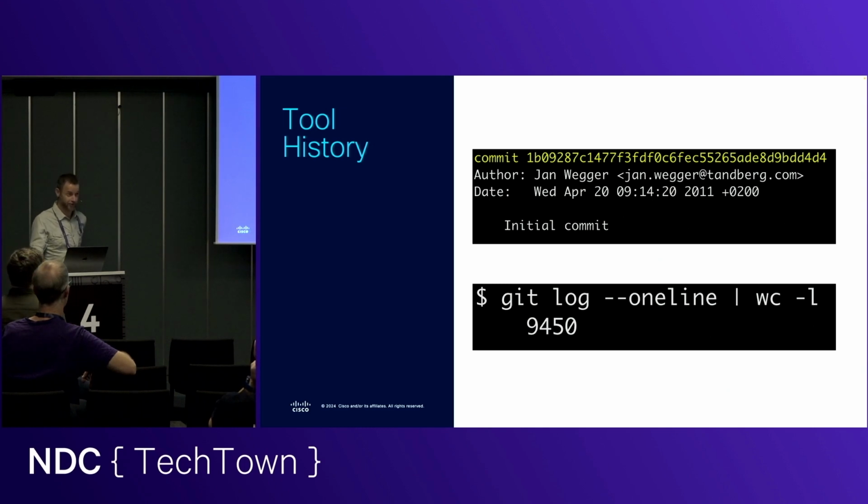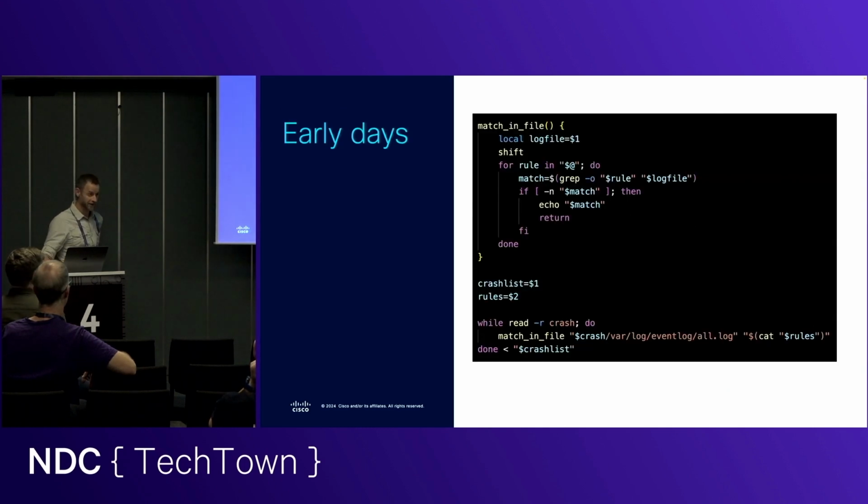Anyway, let's take a quick look at the early version of the script. Might want to brace yourself, this is not so beautiful. Essence here is that we've got a list of crashes, a list of rules. For each crash, we loop over the rules. We try to check if that rule matches the crash report. If it does, we output that match, and then we simply return.